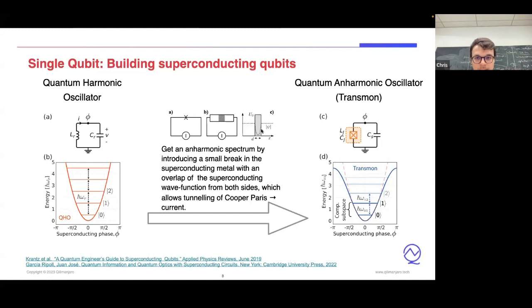And the interesting thing is that the collective wave function of the circuit is overlapping in this region, and this results in a tunnel probability of the Cooper pairs, which results in a nonlinear current relationship. This means that we have a nonlinear inductor, which means that we found this quantum anharmonic oscillator, which is basically a transmon, which is already a true qubit, used by many people.